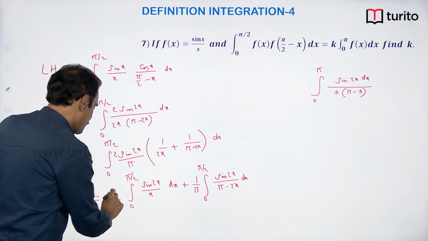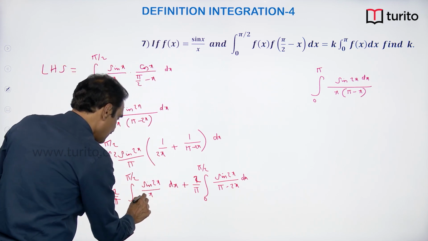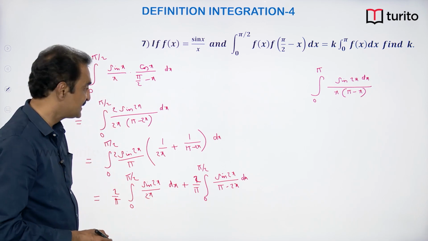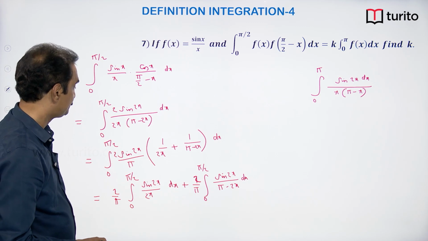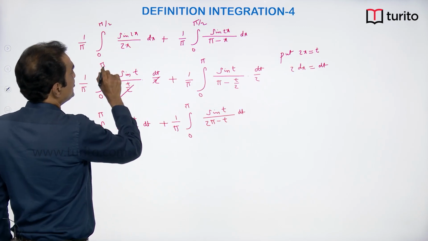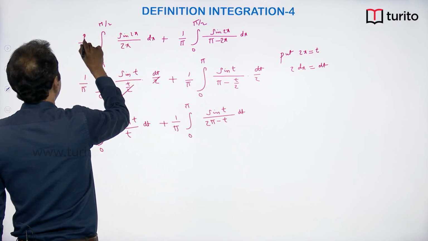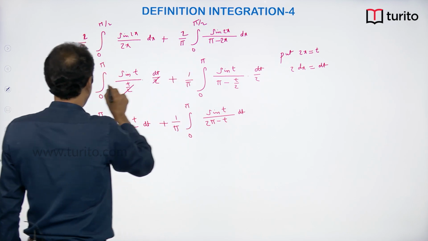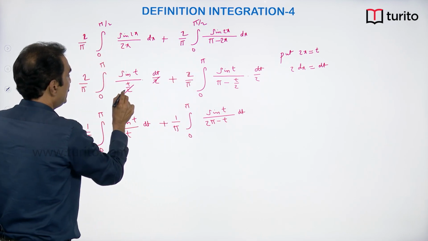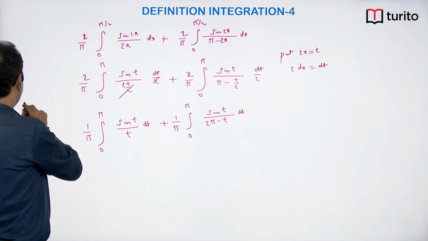So we will get 2 by pi, here 2 by pi 2x. Now putting 2x is equal to t, pi minus 2x, 2 by pi, and this is 2t, sorry.